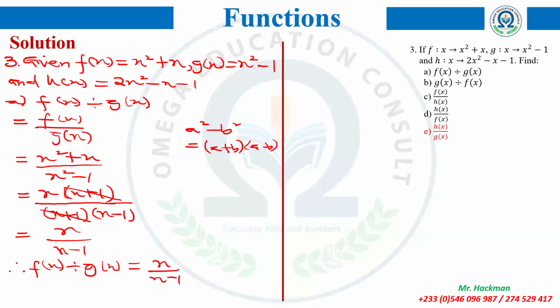However, please take note, just as I told you, anytime you are dealing with functions and your resultant function has a variable in the denominator, if possible, let us know the restriction for the variable, because you know that for any fraction to be defined, the denominator should not be equal to 0.